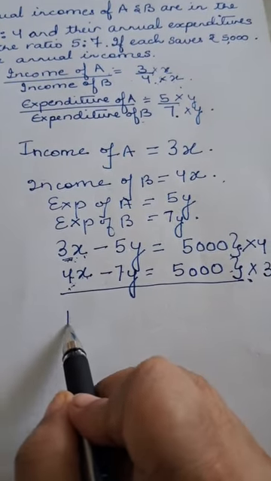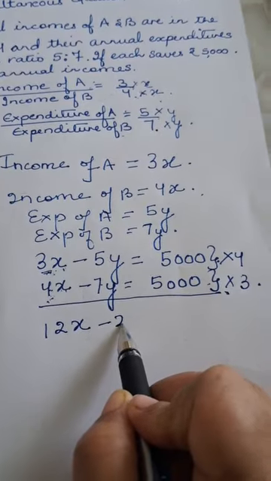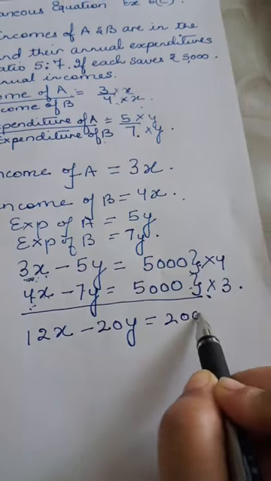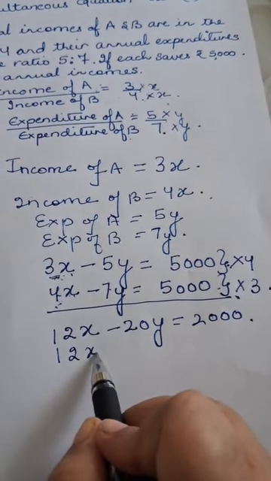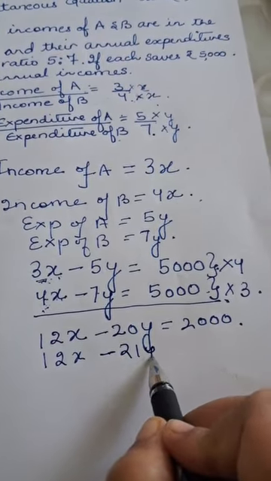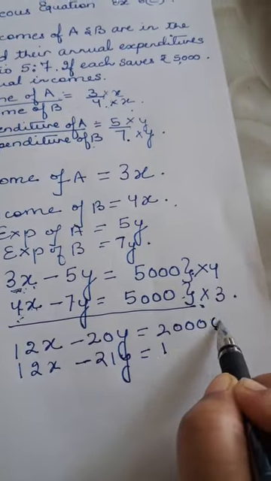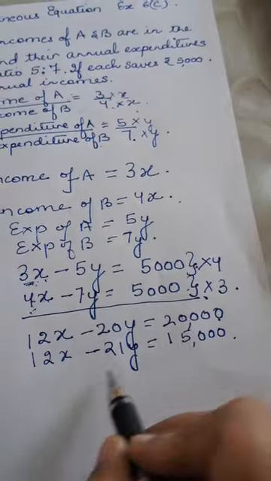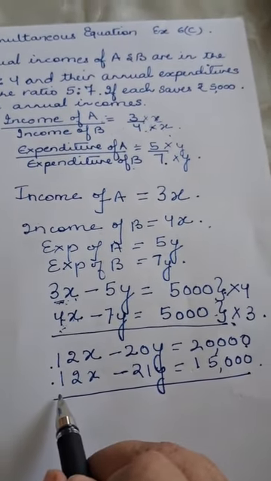So the first one turns out to be 12x minus 20y is equal to 20,000. And the other one will be 12x minus 21y is equal to 15,000. Now we will subtract the second equation from the first. Why subtract?